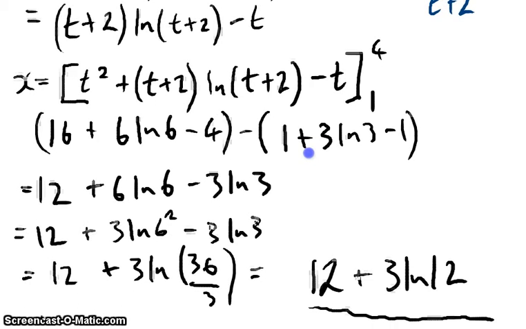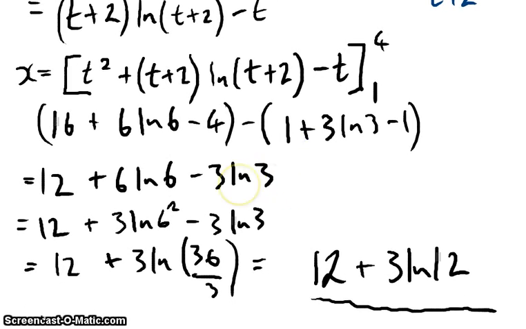And then just moving through this, and obviously you can move through this in your own time if you want to watch the video back or pause it. I've got 12 from 16 take away 4, and I've got 6 log of 6 from here, 1 take away 1, surprise surprise, 0, and then I've got a 3 log of 3, but because it's all take away, I've got minus 3 log of 3.